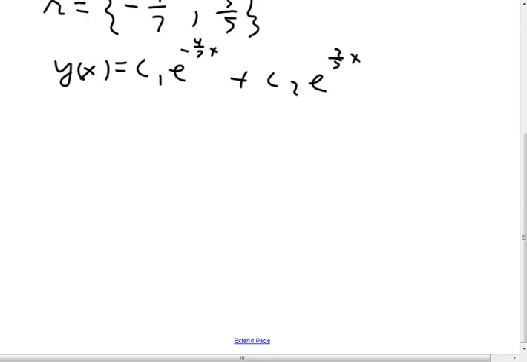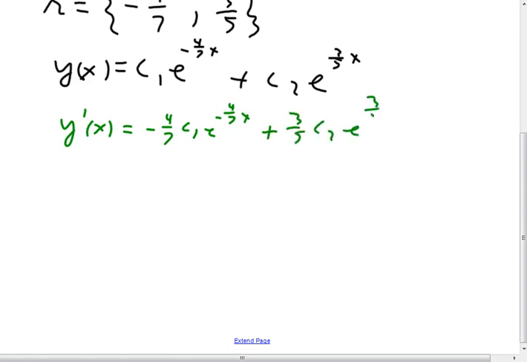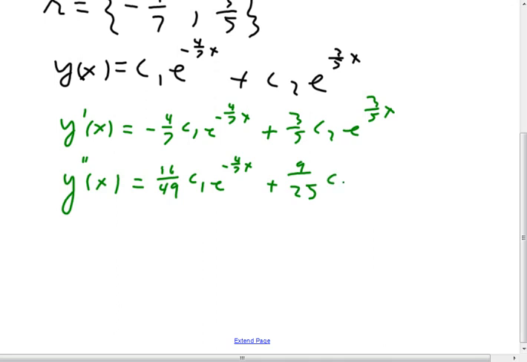I would then grab out my green crayon and check my work. y prime of x equals minus 4 sevenths c1 e to the minus 4 sevenths x plus 3 fifths c2 e to the 3 fifths x. y double prime of x equals 16 over 49 c1 e to the minus 4 over 7 x plus 9 over 25 c2 e to the 3 fifths x.